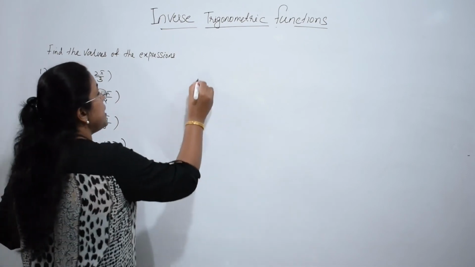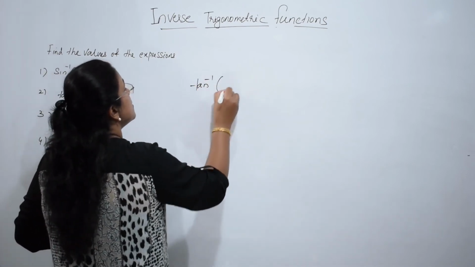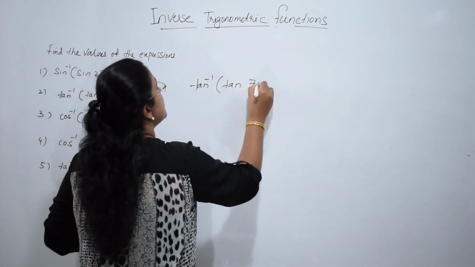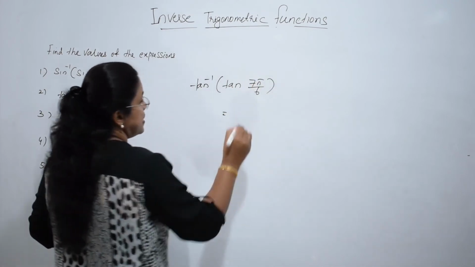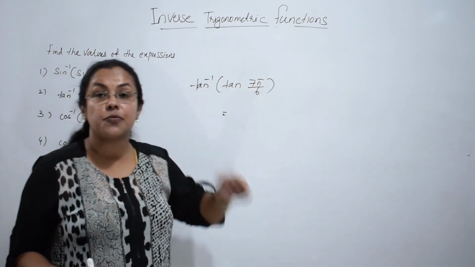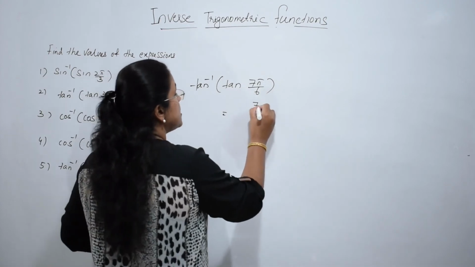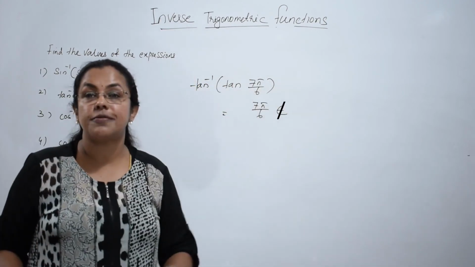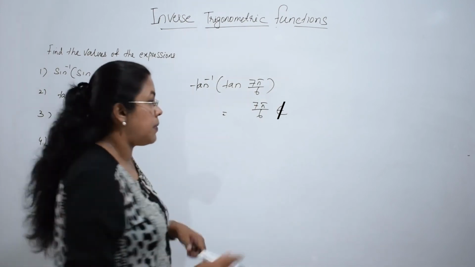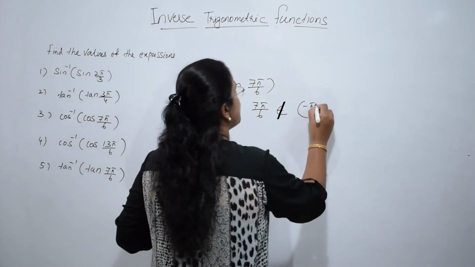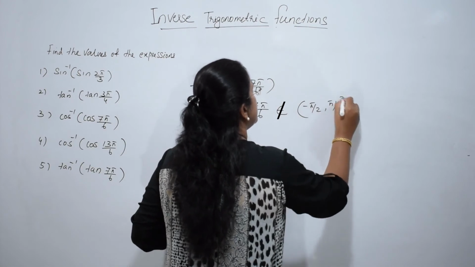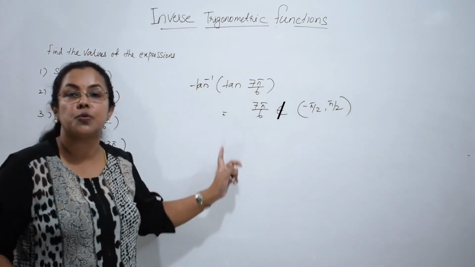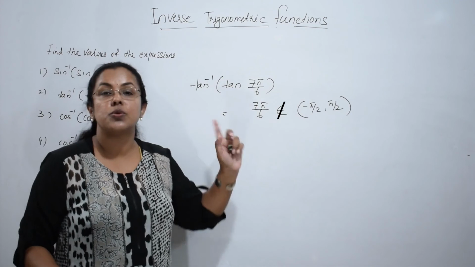Next, tan inverse tan 7 pi by 6. First of all you have to check whether 7 pi by 6 is an element of, what is the range of tan inverse? Minus pi by 2 to pi by 2. Whether it is an element of minus pi by 2 to pi by 2, it is not an element.